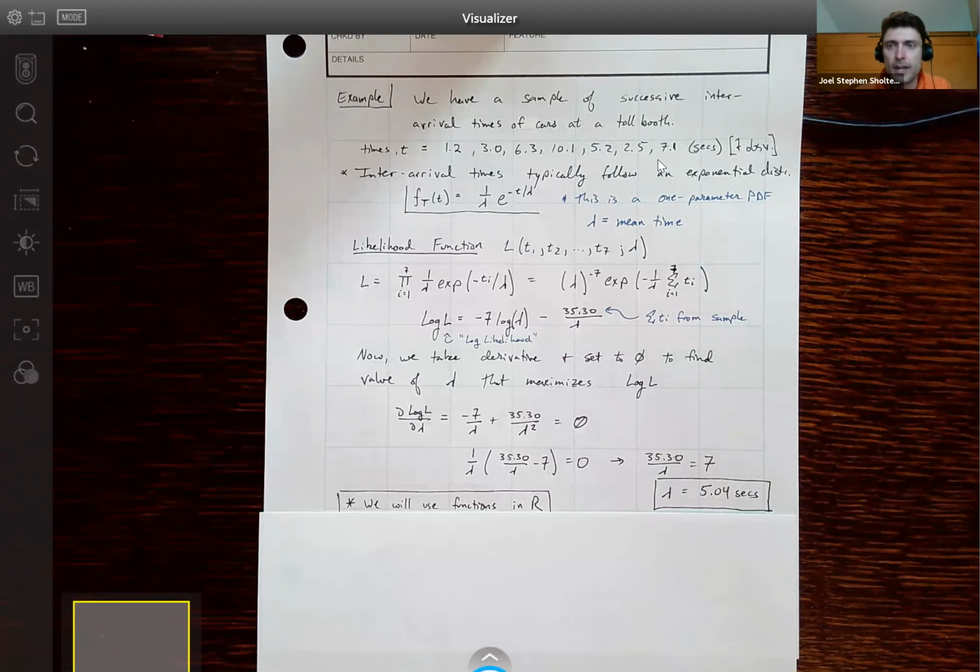So the mean of that value is 6.6. So if we did this from a method of moments perspective, lambda would be equal to 6.6. So you get a different probability distribution, and you calculate different probabilities of different arrival times based on these two different methods.